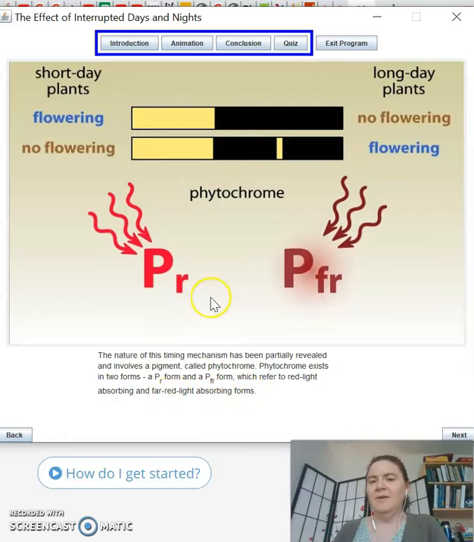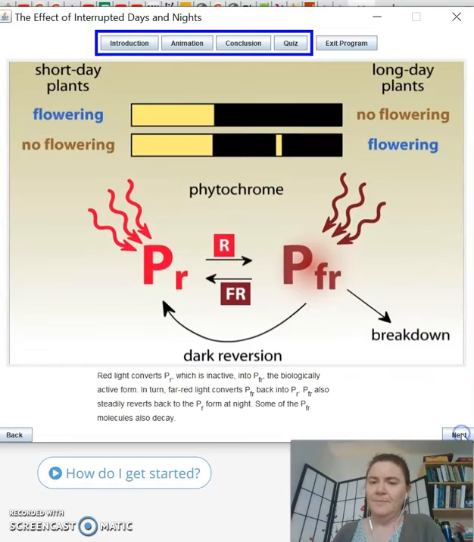So remember, red light you find in sunlight and also in a lot of artificial lights. Far red is beyond the human visual spectrum, but still measurable. If we take a look here, red light will convert the phytochrome red, which is inactive, into phytochrome far red, which is biologically active.